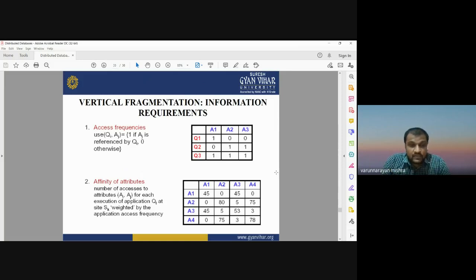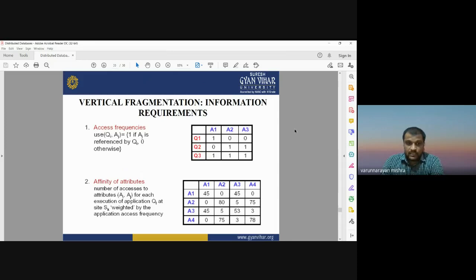The second requirement for vertical fragmentation is the affinity of the attributes: the number of accesses to the attributes Ai and Aj for each execution of the application Qi at site Sk, weighted by the application access frequency. Table 1 and table 2 show the two different kinds of requirements, the first having A1, A2, A3 and Q1, Q2, Q3, and the second, the affinity of the attributes, having A1, A2, A3, A4, distributed across the rows and columns of the table.